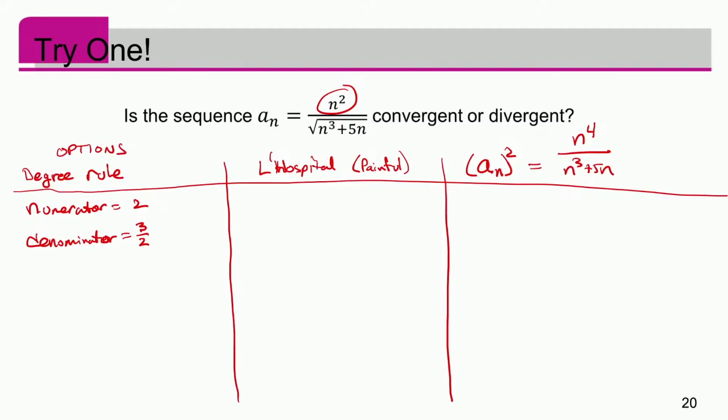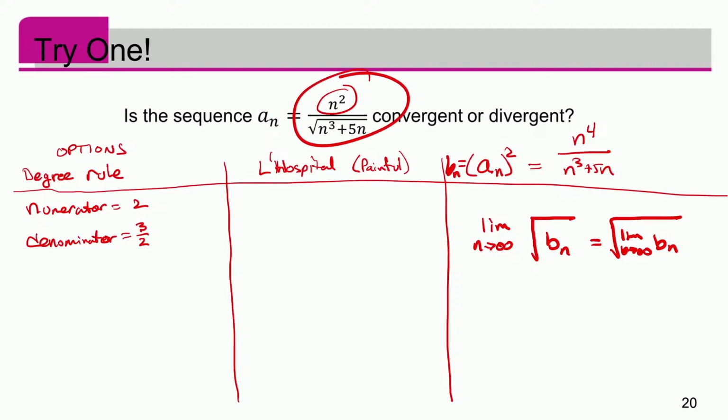So here it is. Here's what I do: I'll call this b sub n. And then this thing diverges. And so what I do is the limit as n approaches infinity of the square root of b sub n, which is b sub n to the 1/2 power. So this will be the square root of the limit as n approaches infinity of b sub n, which is essentially what I'm looking for up here. So that diverges.